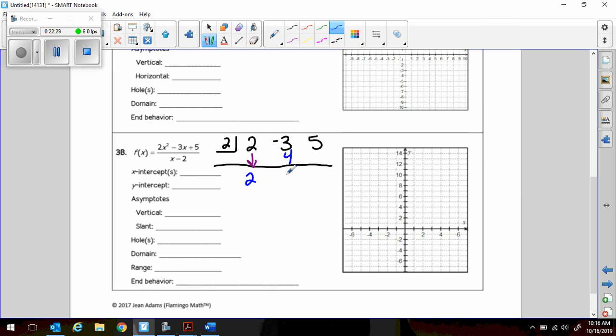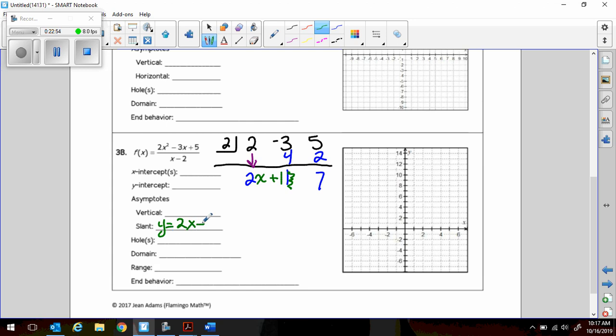Negative 3 plus 4 is positive 1, and we multiply it times 2 is 2, and 5 plus 2 is 7. So my slant asymptote is going to be y equals 2x plus... oops, plus 1. I already had the 1 here, sorry.